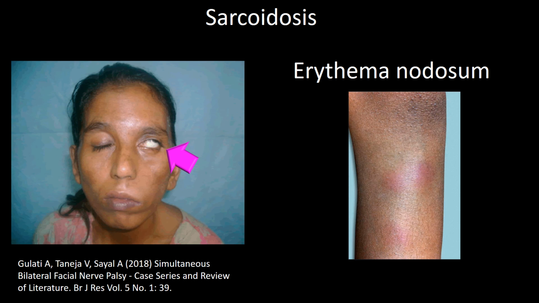This is usually not seen because the eyes, when closed, are covered by the eyelids. In cases of unilateral paralysis of the facial nerve, since the eyelid does not close down, we can see the normal phenomenon of the eye going up and out. This is called Bell's phenomenon. Patients with sarcoidosis often have erythema nodosum.